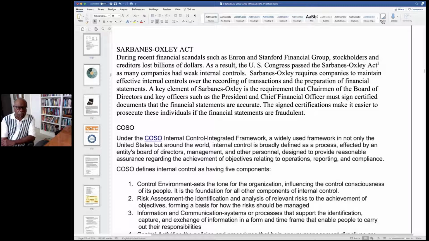And so some people were prosecuted, and then the Sarbanes-Oxley Act was passed. And one of the key things about the Sarbanes-Oxley Act is that directors and key officers, such as the president and chief financial officer, have to sign that the statements are accurate.